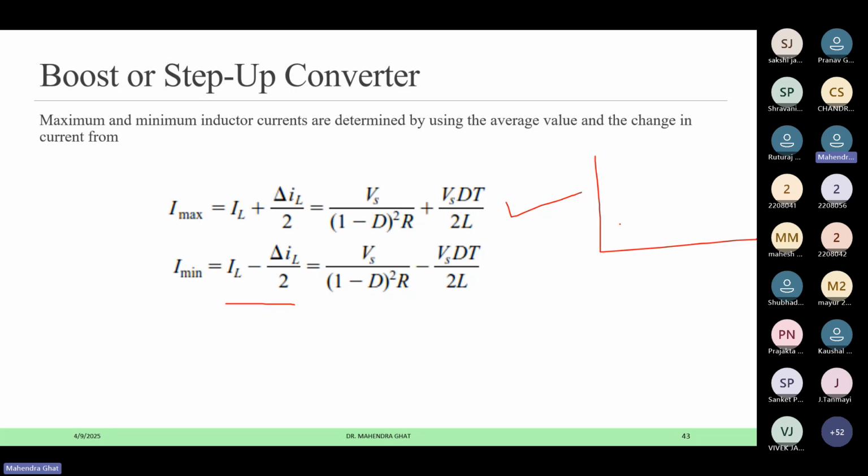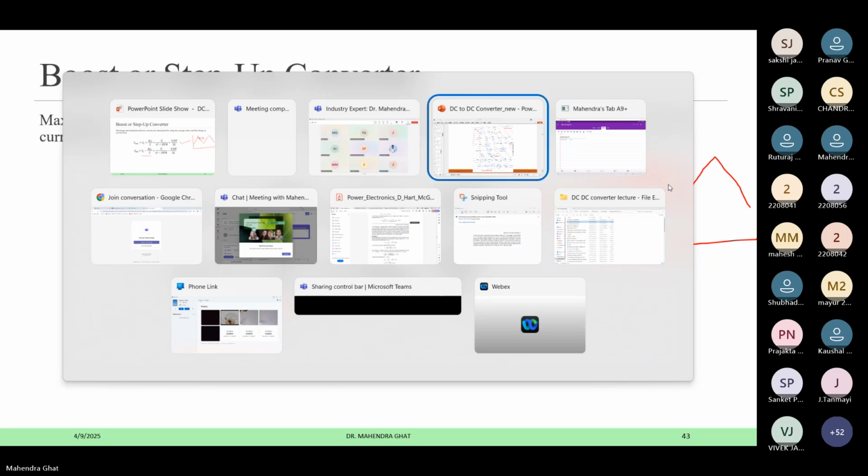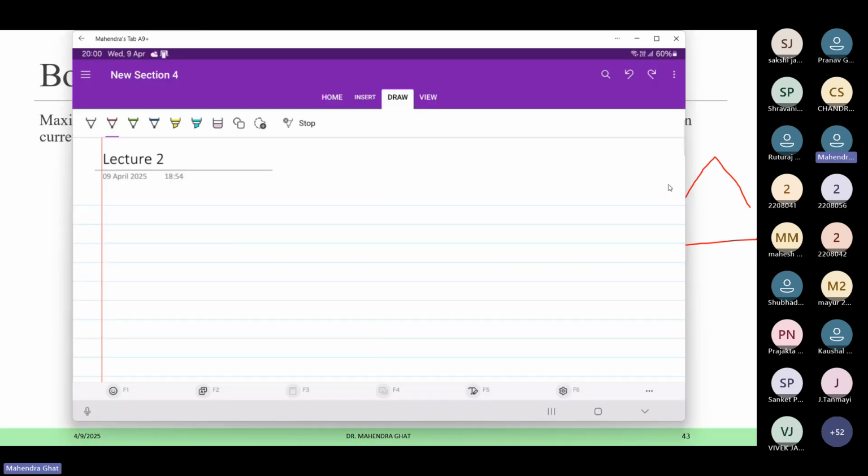Why are we taking plus delta IL by 2 and minus delta IL by 2? Because of the inductor current. I will shift so that I can write clearly.